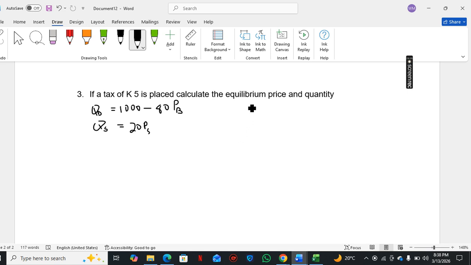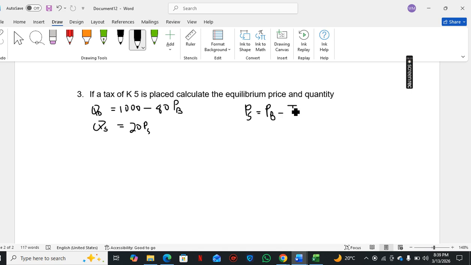We're going to say the money the supplier receives, PS, is going to be what the buyer pays, PB, minus the tax. The price the buyer pays minus the tax.